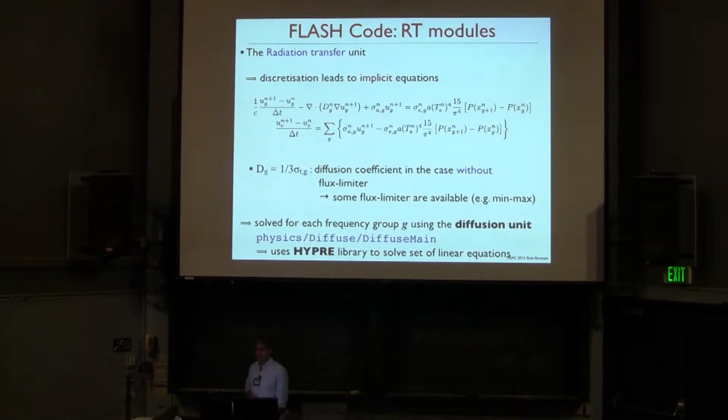But if you have a look at this module, it also provides you with some flux limiter, which you might use and might come up with your own one, but there's at least an interface already to implement some flux limiter.